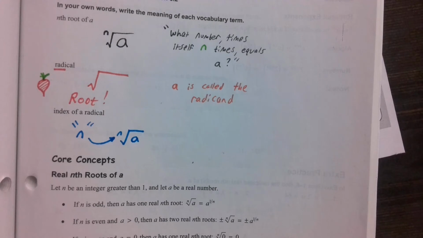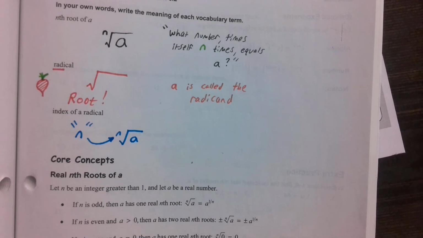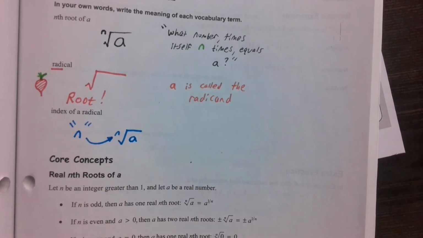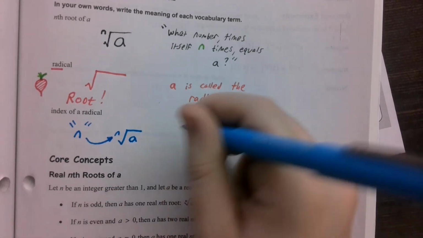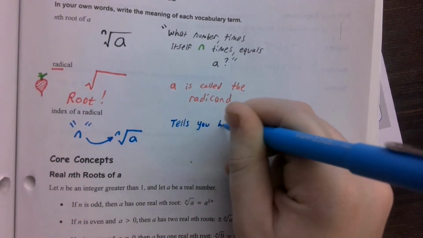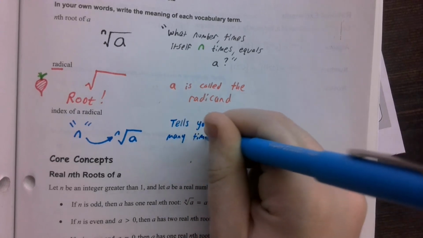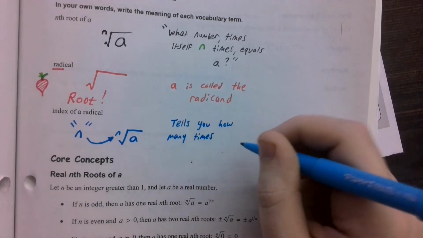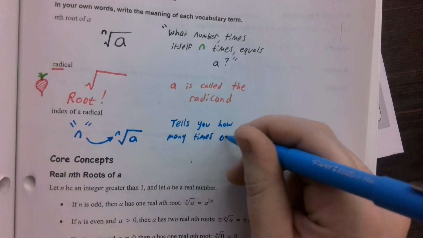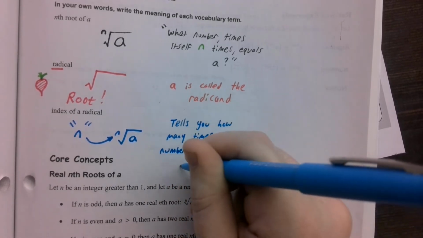The index tells you how many times you're going to multiply our mystery number by to get to A. So it tells you how many times our number is multiplied.